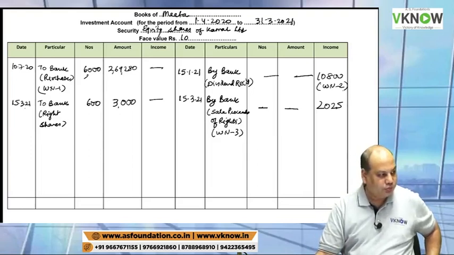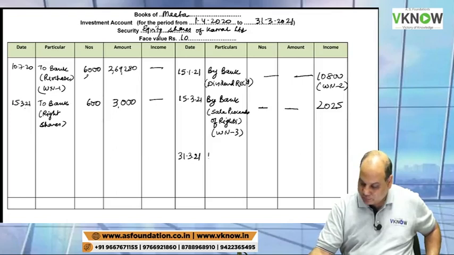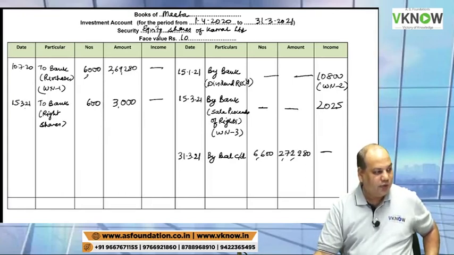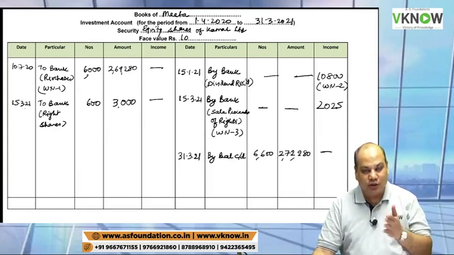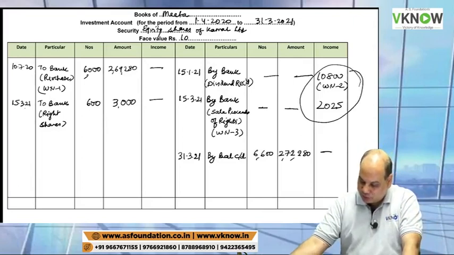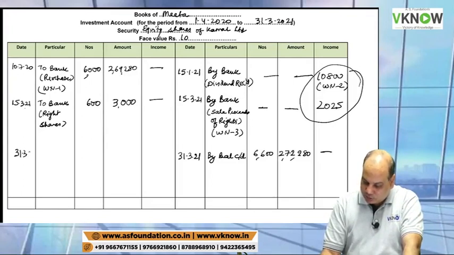Working note 2. There is no sale in this problem. Interesting question, no sale. 31st March 21, by balance carried down. So the number will be 6,600. And the amount will be just the total of the two, 272,280. Even if you don't prepare the closing stock working note, in this question it will tally because there is no sale. And then this income I will transfer to P&L account, 31st March 21.